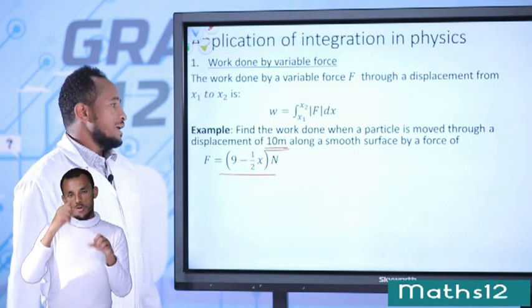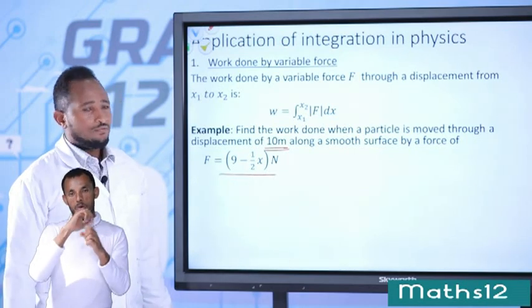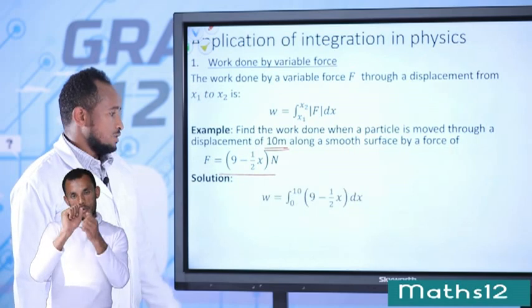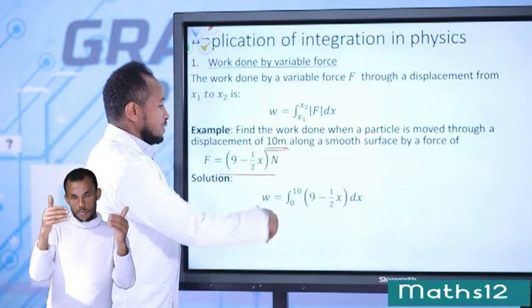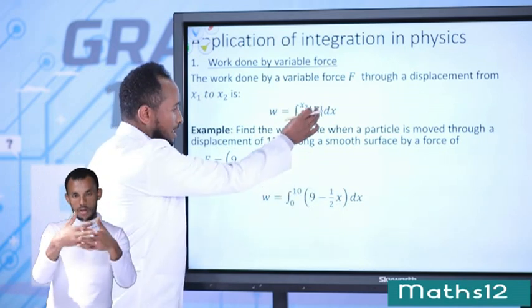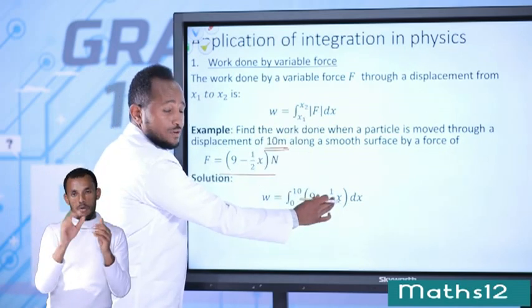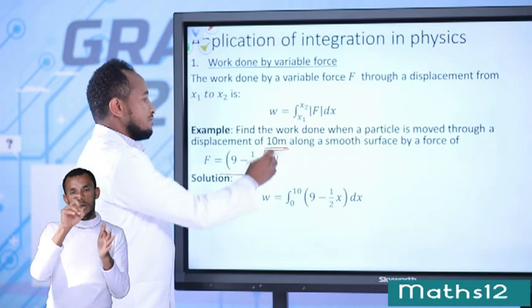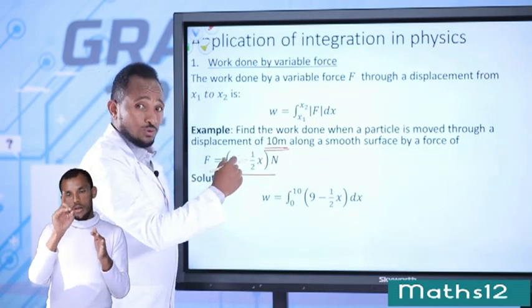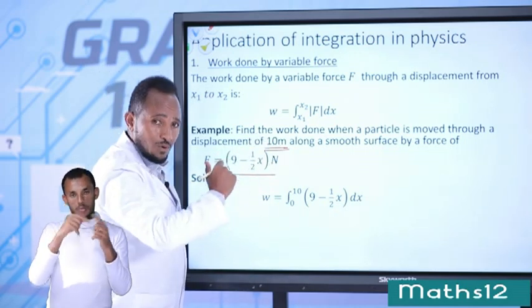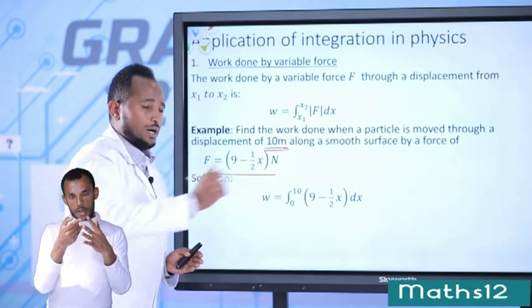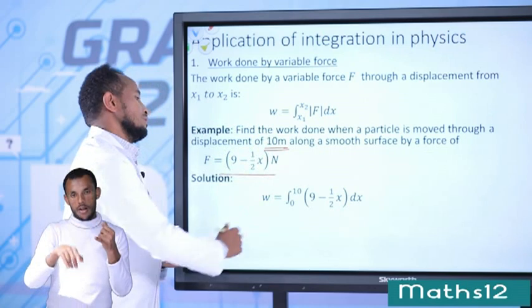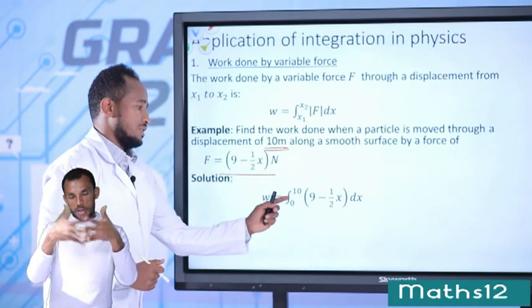To evaluate the work done by this variable force, you use this formula. Work is equal to the integration of F, which is 9 minus 1 over 2 x, dx on the interval 0 to 10. The object moved 10 meters, so assuming the starting point is 0, the final position is 10, so you integrate from 0 to 10.